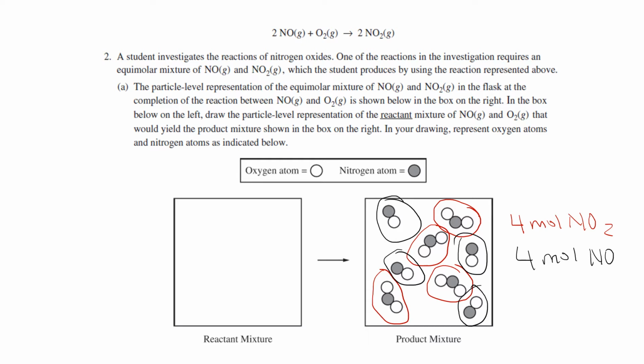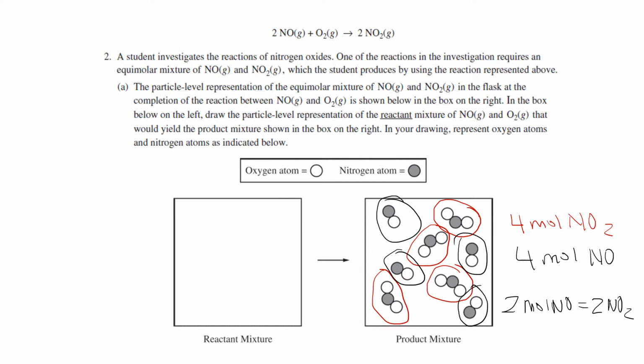You'll notice that I circled everything. This is probably a good idea to make sure that you are not missing anything because they're all spread out. So if we go back to the balanced reaction, I know that for every 2 moles of nitrogen monoxide, I'm going to produce 2 moles of nitrogen dioxide.